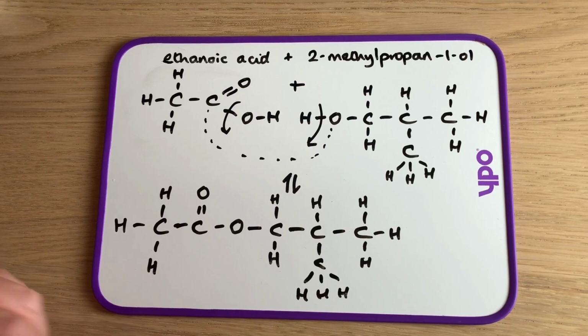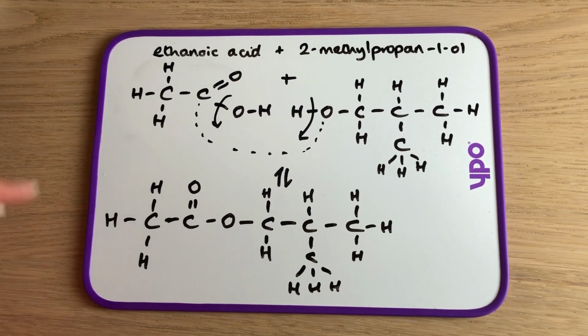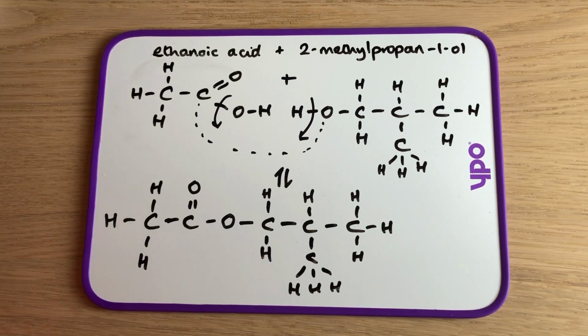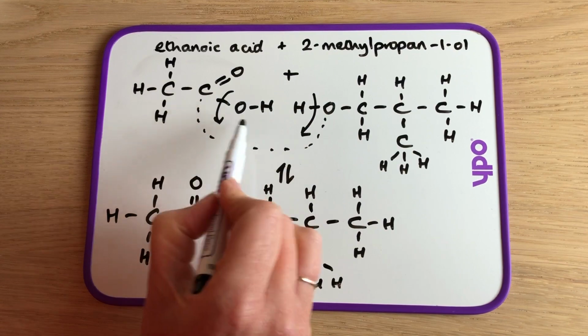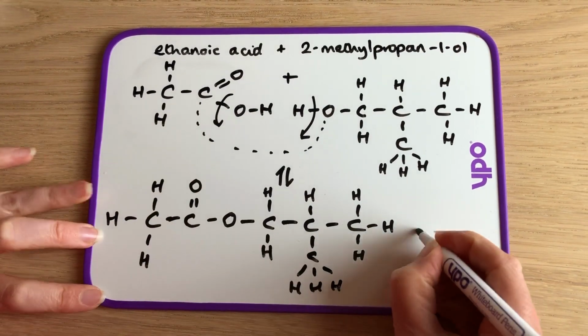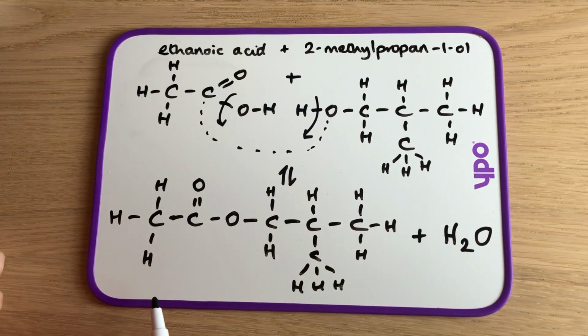Okay, so there's your ester. Now of course if this is a balanced equation, at the moment it's not balanced, and that's a common error for people to forget about this H2O. So do make sure that you finish that off there, plus H2O, you've got your two products there.